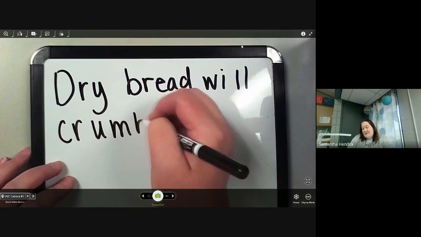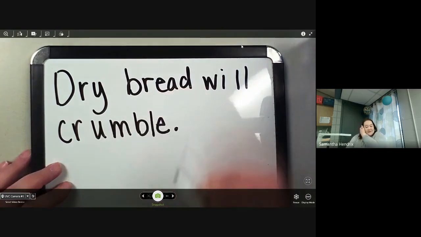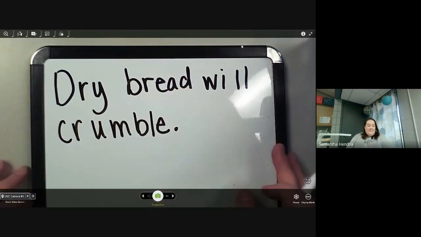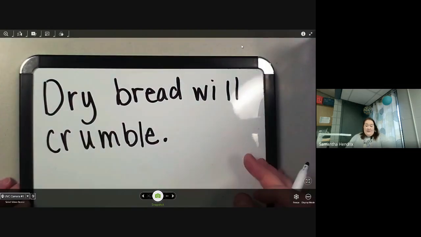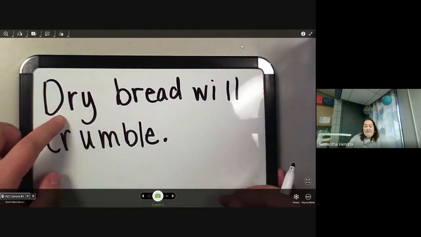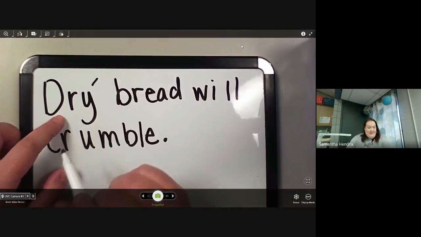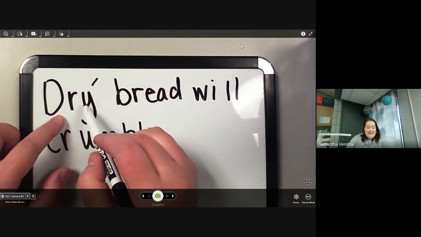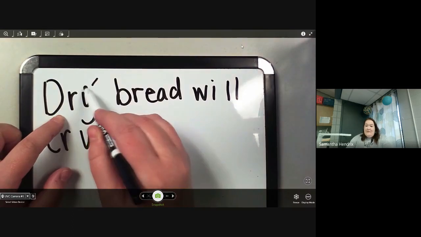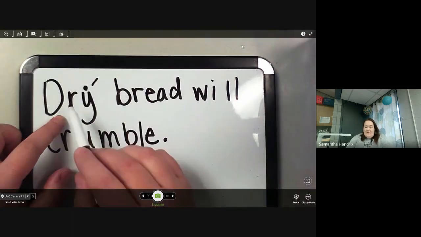Let's look at this sentence. I'm sorry, I don't know why I wrote those so far apart. Okay. We have a one syllable word, so it's going to get the accent. Y is at the end, so it's vowel Y, right?